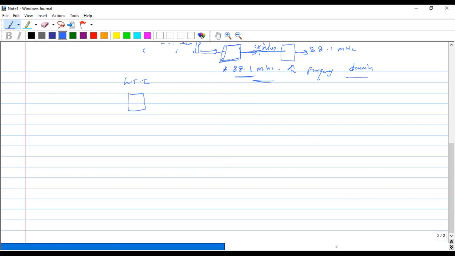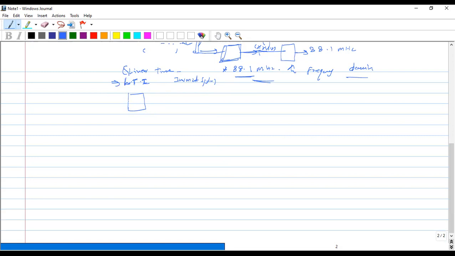LTI means linear time invariant system. Almost every system we consider as an LTI system, otherwise the derivations are very hard.